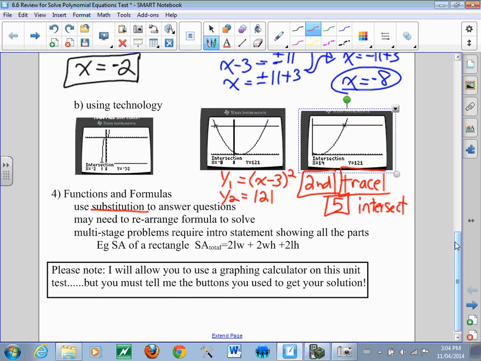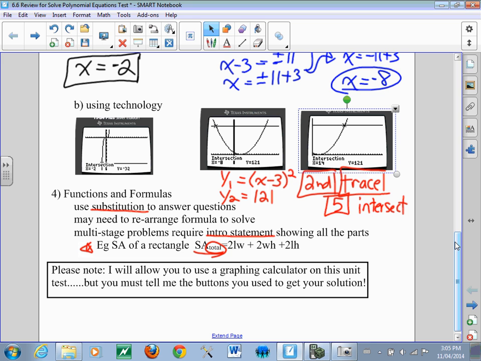Multi-stage problems, which we did last day, require an intro statement that shows the addition or subtraction of all the parts. For example, surface area of a rectangle: surface area total equals 2 times this plus this. Total is usually what we're looking for here.